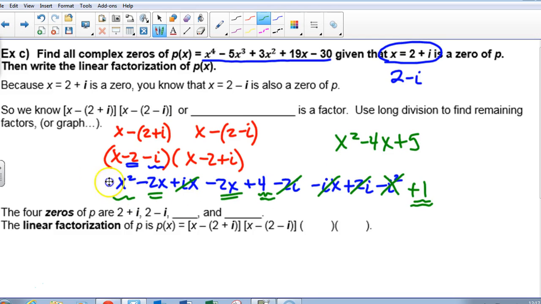Okay, now I'm going to show you a shortcut. Ready? When you factored something like this, since you first learned to factor in Algebra 1, how did you factor that?